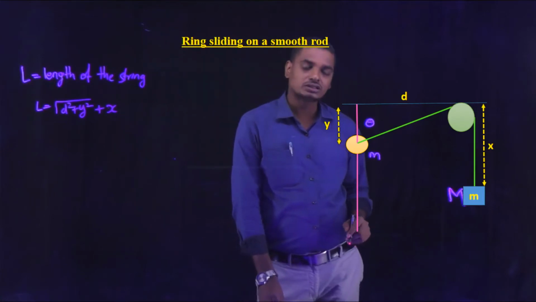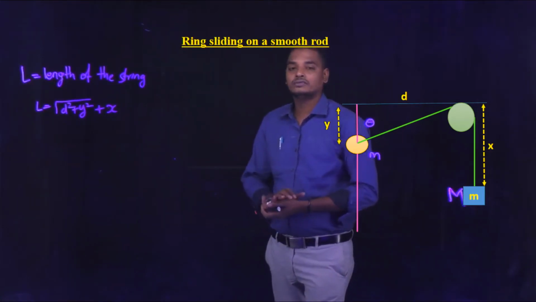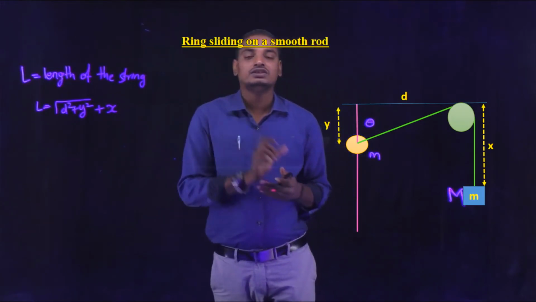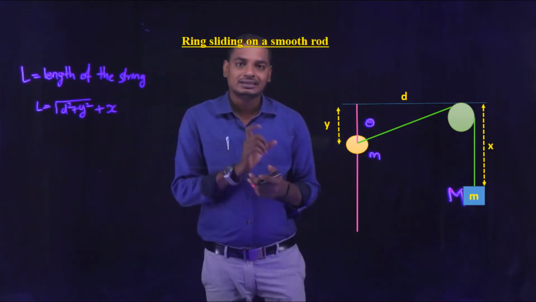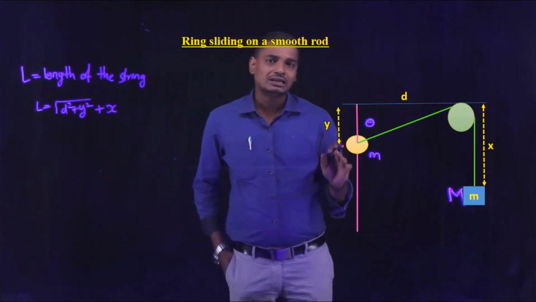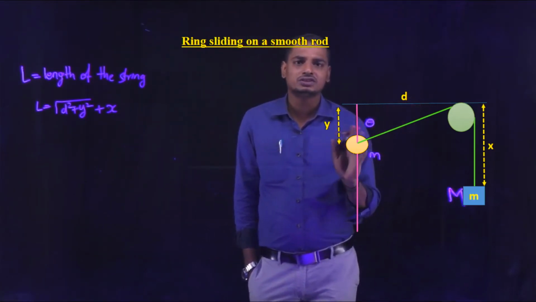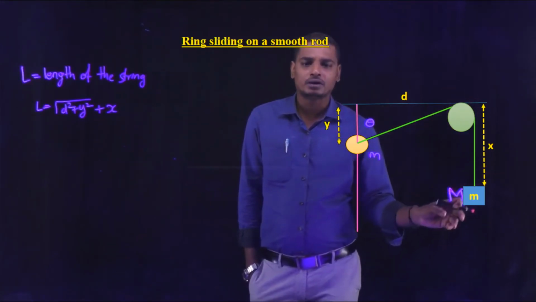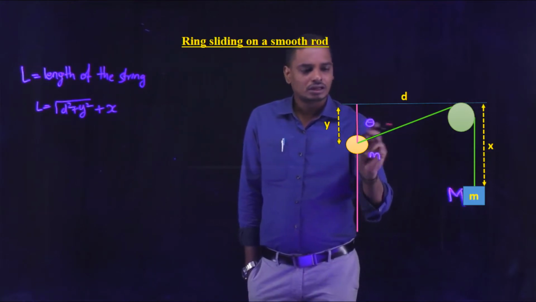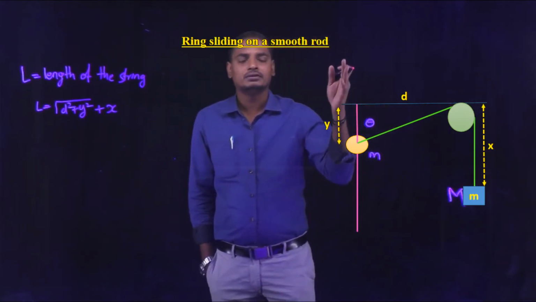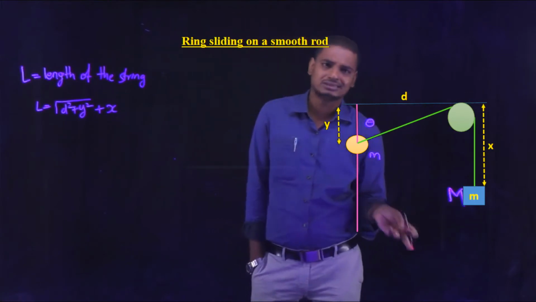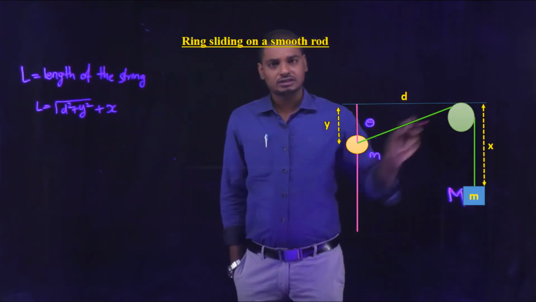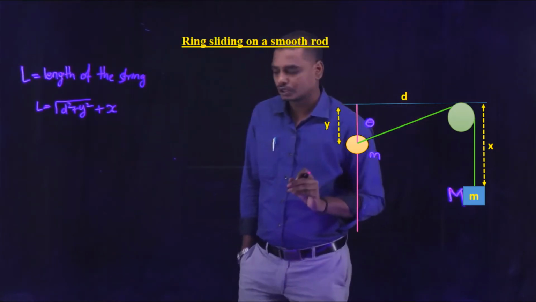In these constraint problems, we first need to consider the length of the string. We know that the length of the string does not change with respect to time. As the block of mass capital M moves up or down, or the ring moves down or up, whether accelerating, decelerating, or moving with constant velocity, the length of the string does not change with time.